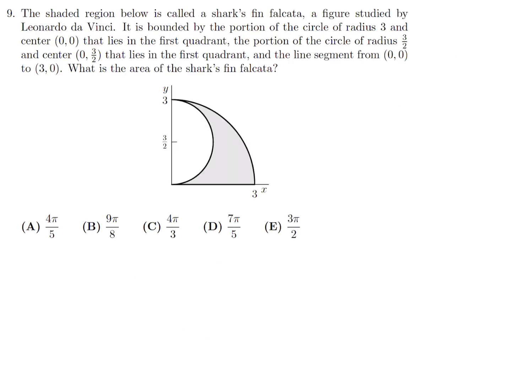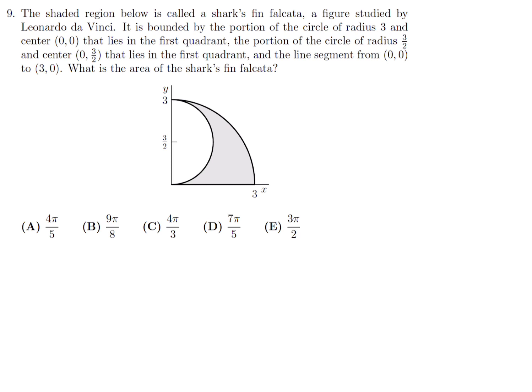The shaded region below is called a shark's fin falcata, a figure studied by Leonardo da Vinci. It is bounded by the portion of the circle of radius 3 and center 0, 0 that lies in the first quadrant, the portion of the circle of radius 3 over 2 and center 0, 3 over 2 that lies in the first quadrant, and the line segment from 0, 0 to 3, 0.